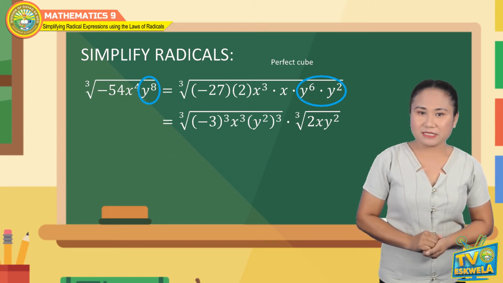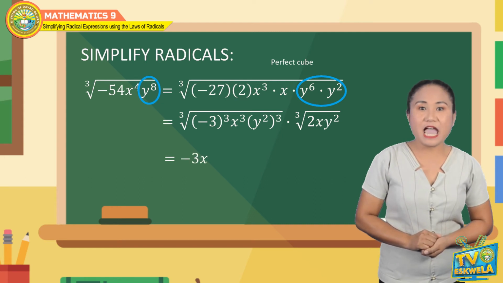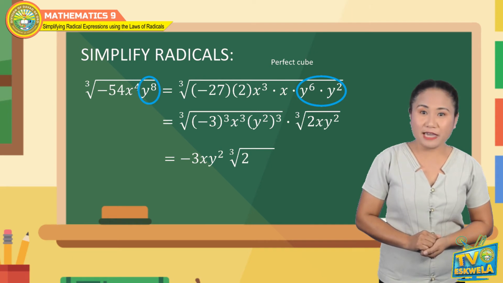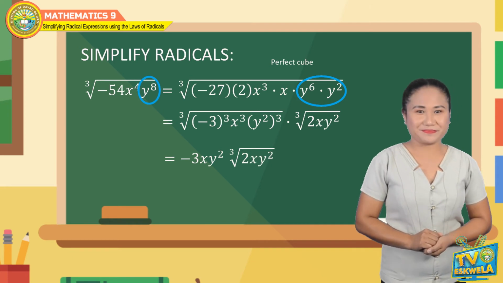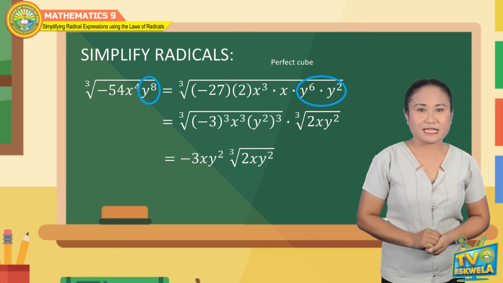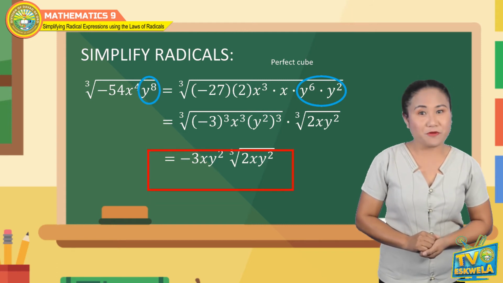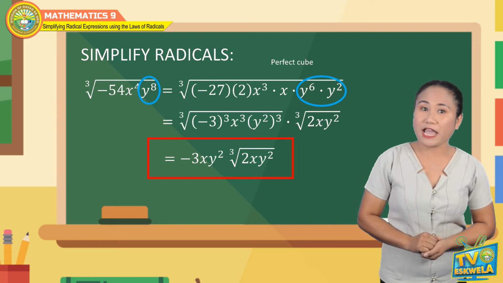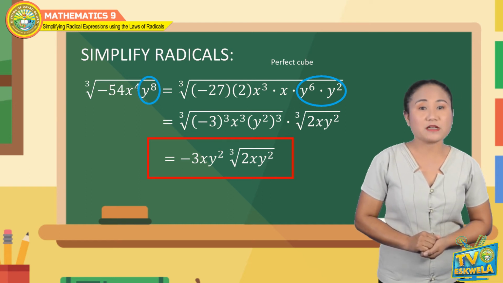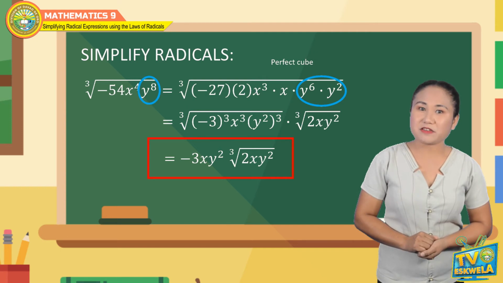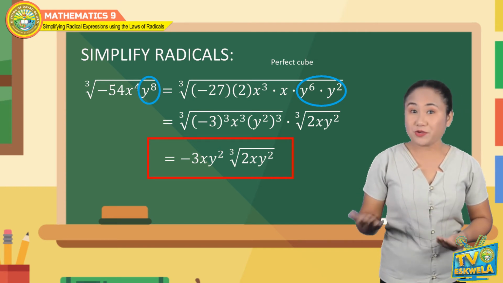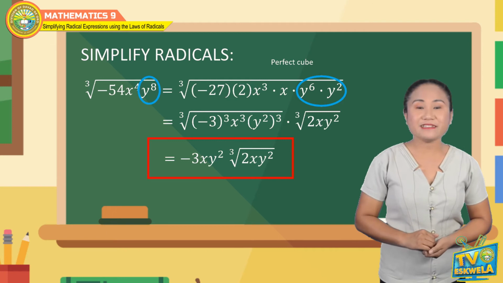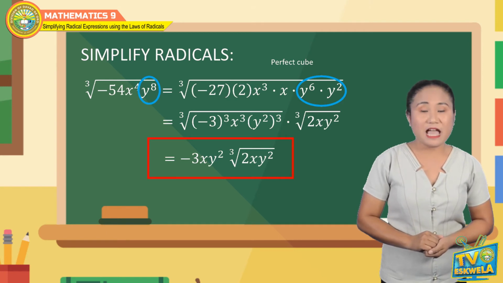We have negative 3xy squared cube root of 2xy squared. This is now the simplest form of cube root of negative 54 x raised to the 4th y raised to the 8th power. As you can see, in the final answer, the radicand has no perfect cube.